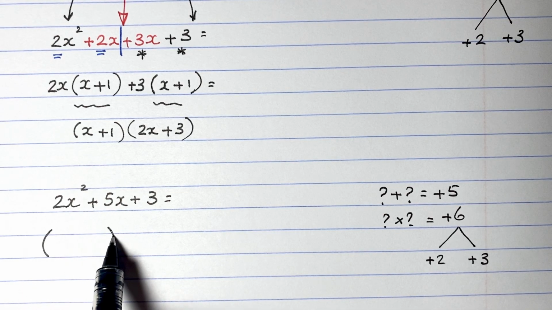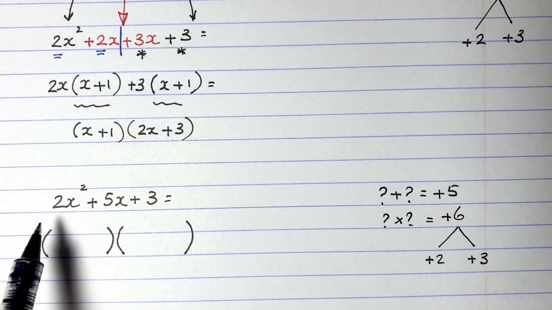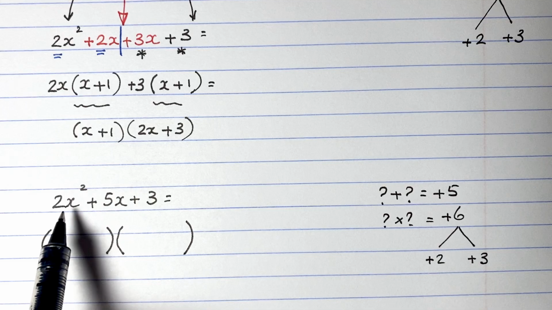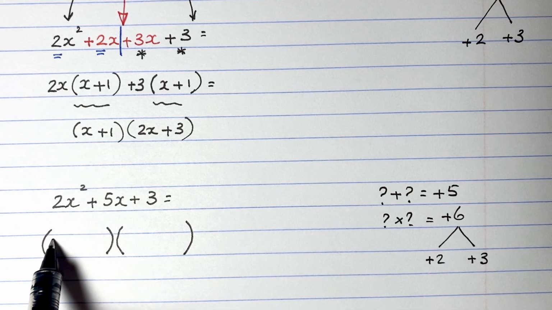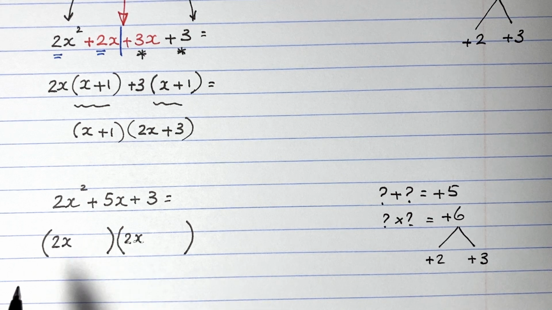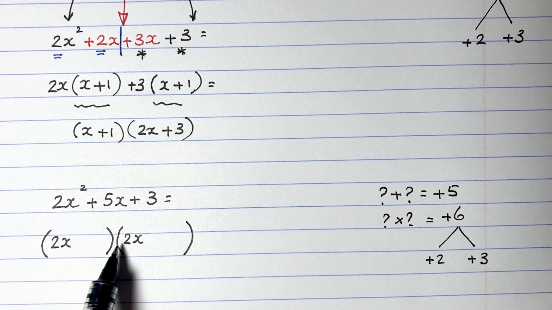We have to correct ourselves later. You go straight into factorization. Since your quadratic begins with 2x squared, you put 2x in each bracket here. So if you started with 5x squared, you put 5x, 5x.